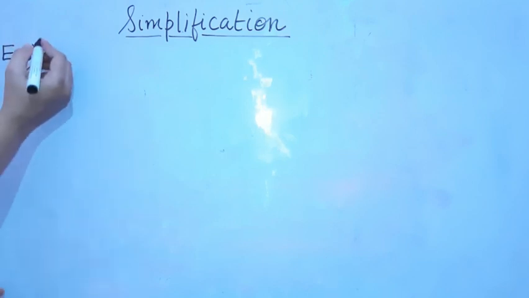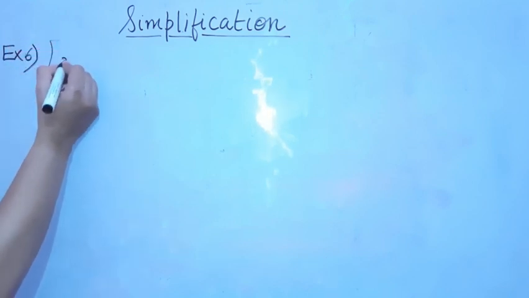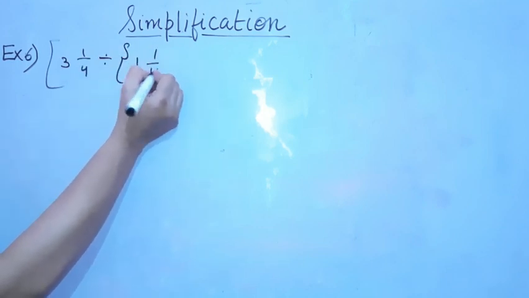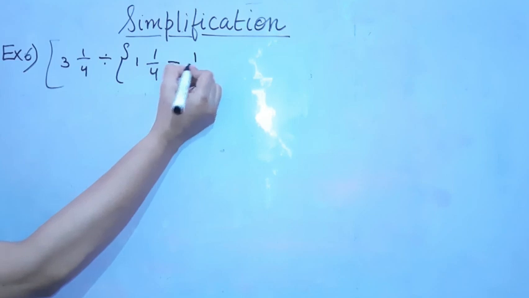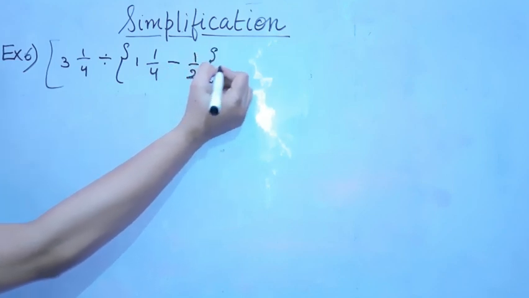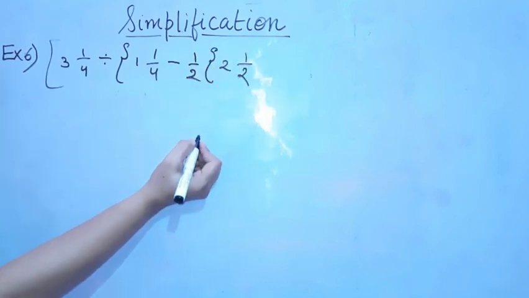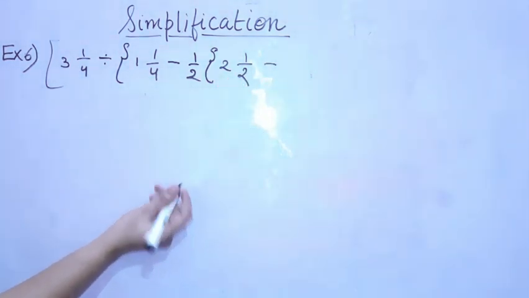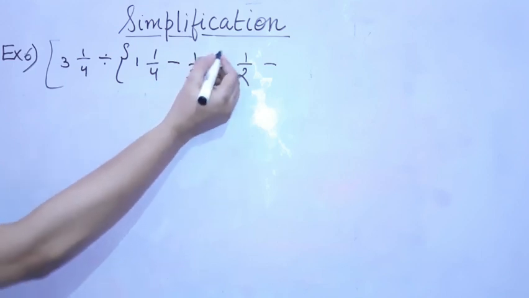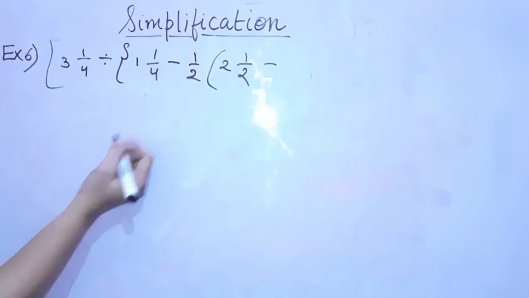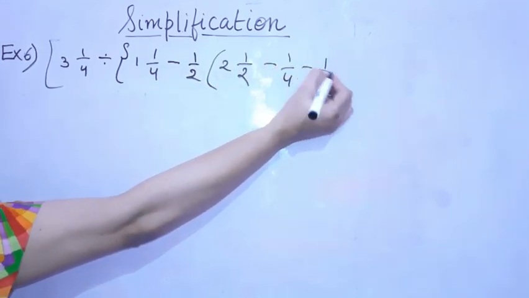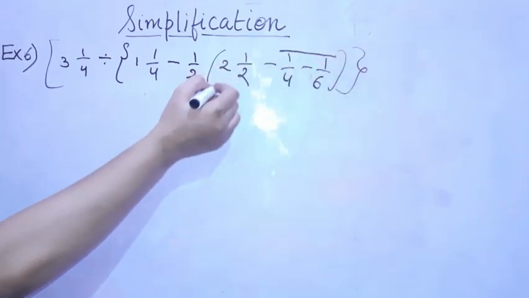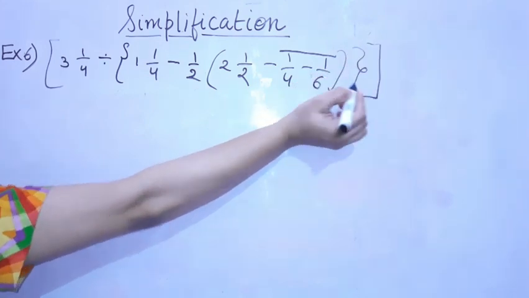So first let me write that for you: 3 1 upon 4, divided by, 1 upon 4 minus 1 upon 2, curly bracket, 2 1 upon 2 minus 1 upon 2. After 1 upon 2 it is not a curly bracket, there is a round bracket. Then 1 by 4 minus 1 by 6 bar, curly bracket and then square bracket.